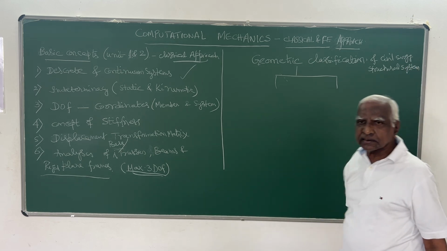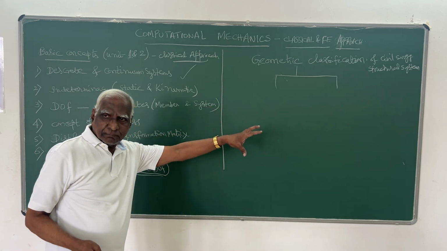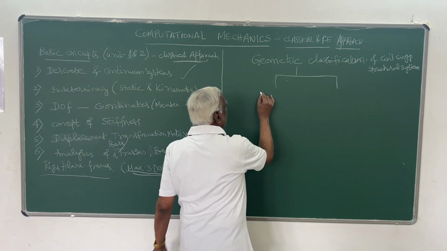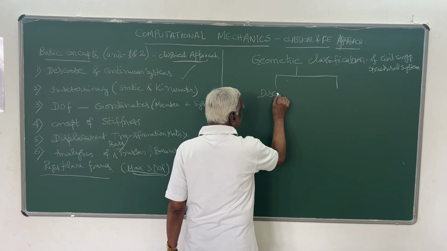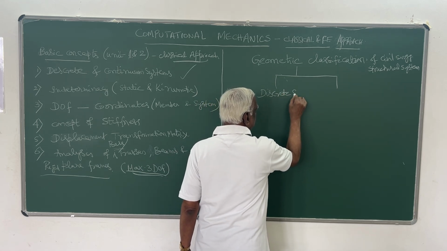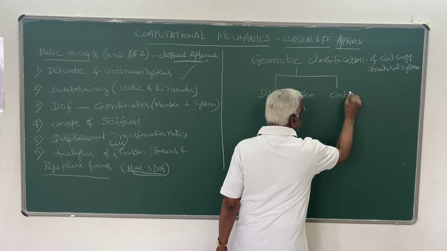Any civil engineering structure, if you take, you can classify into two varieties. One is this discrete structure system, next is the continuum system.